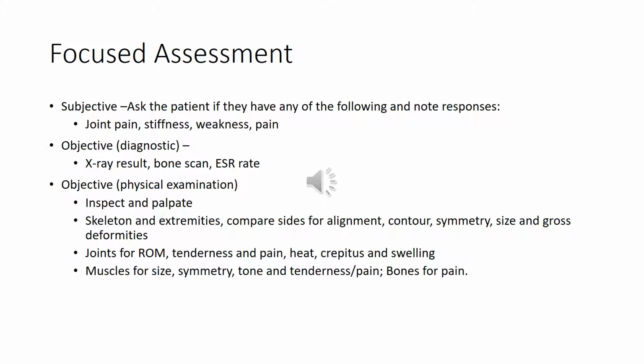Your objective information could include diagnostic tests also, like x-rays, bone scans, and blood tests like ESR rate, which is a SED rate. And then we talked about our physical assessment with inspection and palpation and motion.